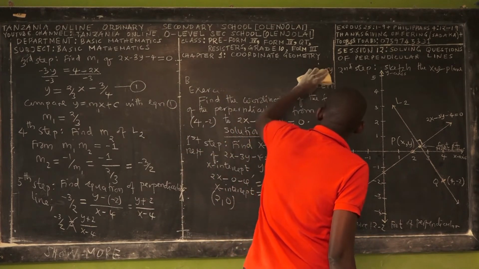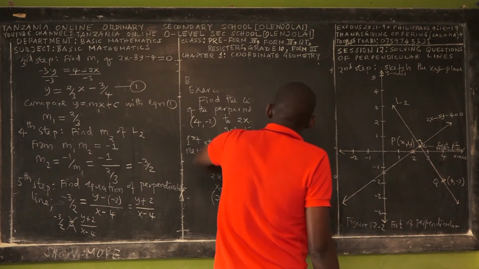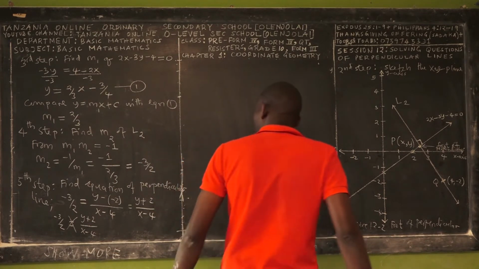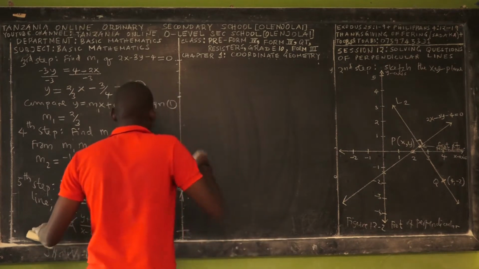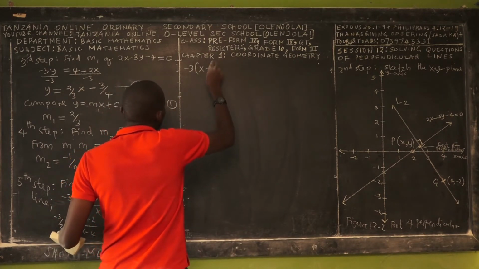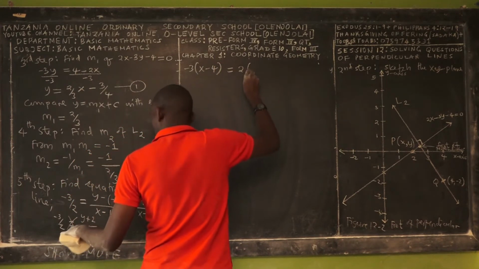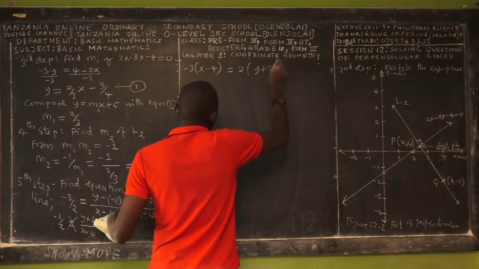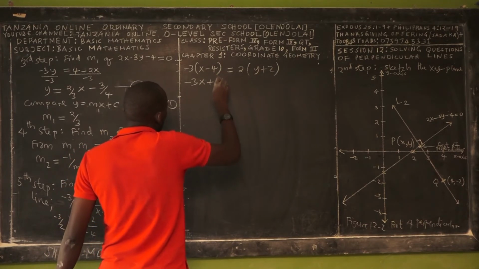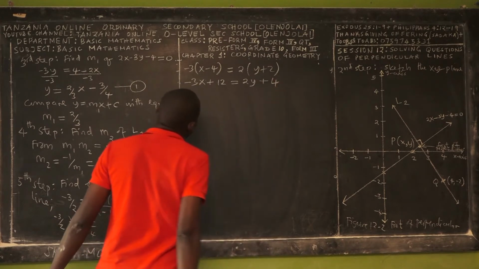So you're looking for the coordinates of the foot of perpendicular. So you have to find the equation of the perpendicular line and solve them simultaneously. So here we have negative 3 times x minus 4 is equal to 2 times y plus 2. So this is negative 3x plus 12 is equal to 2y plus 4.